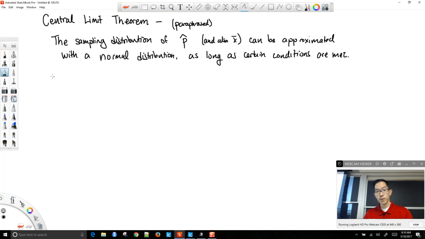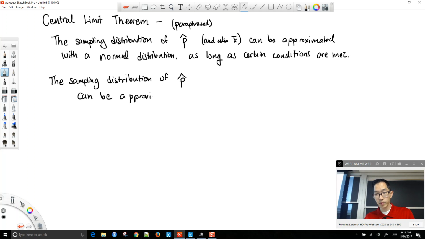And the sampling distribution of p hat can be approximated with a normal distribution with a certain mean, with the mean equal to p.